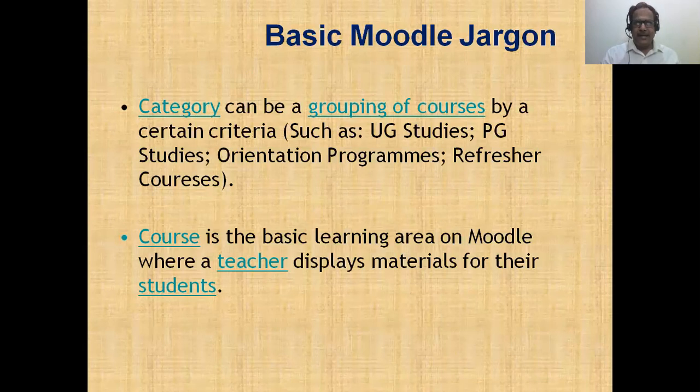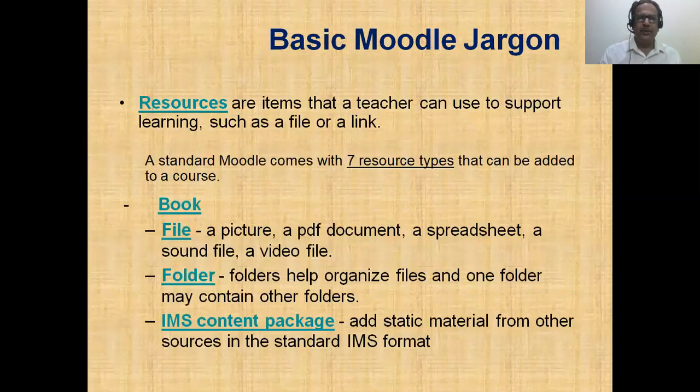The second important jargon which can be under the category is the course. As the definition says, a course is a basic learning area on Moodle where a teacher displays the material for the students. And now you have a wide variety of resources.